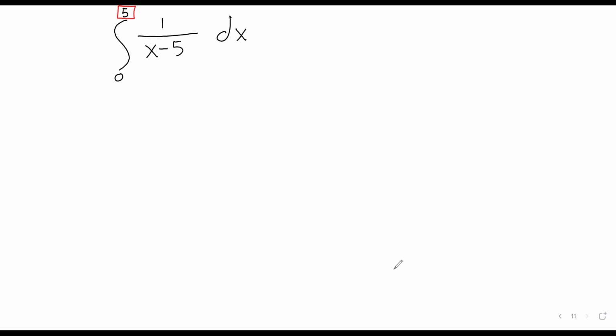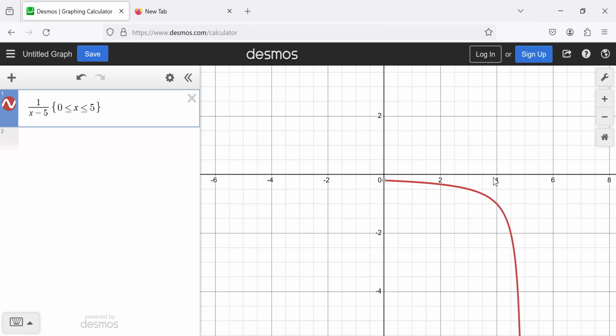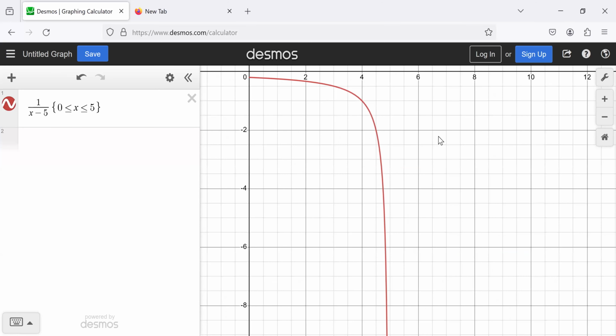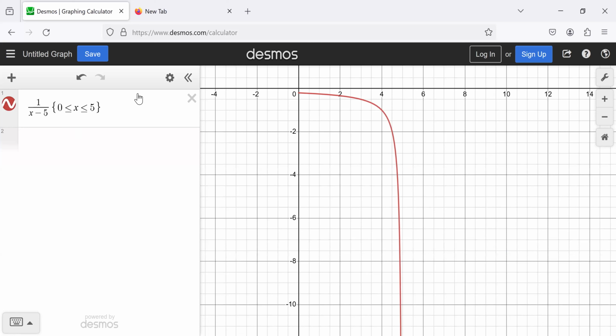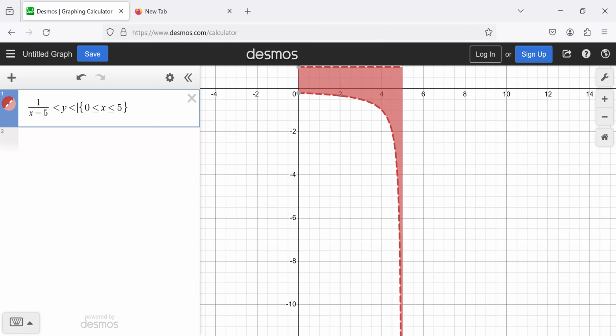And you can probably imagine 1 divided by x minus 5, we're looking at values between 0 and positive 5. This is negative, so we're looking at the area above the curve.